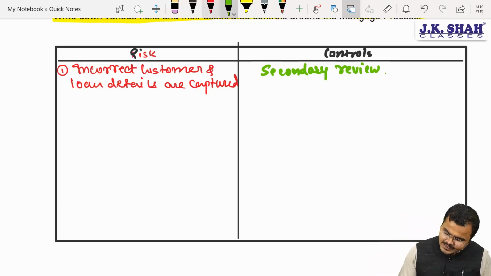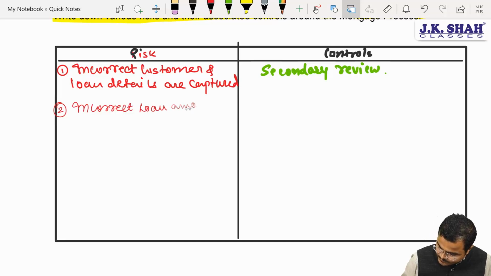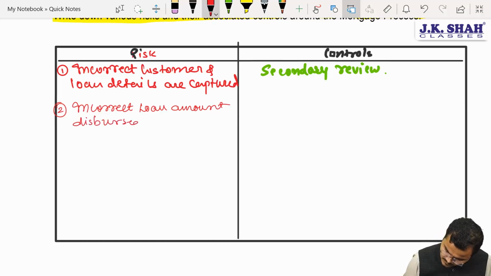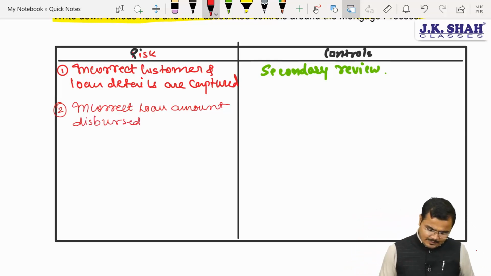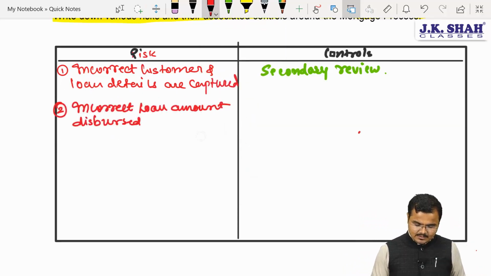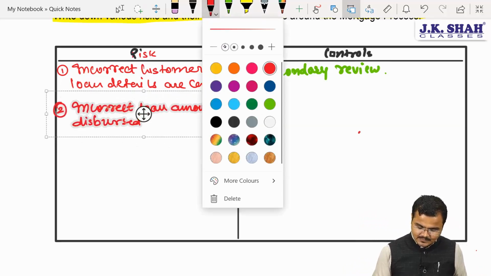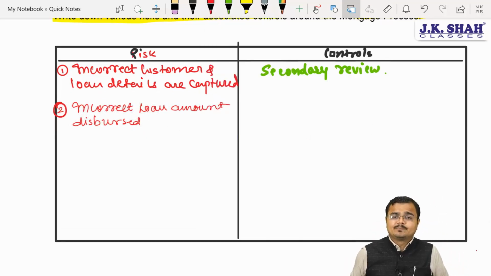Number 2, chartered: incorrect loan amount disbursed. Suppose they had asked for a loan of hardly 20 lakhs, and by mistake we had given a loan of 2 crore rupees to them.